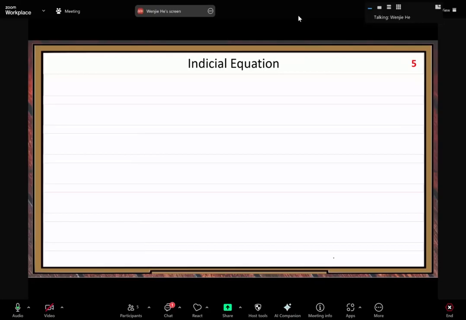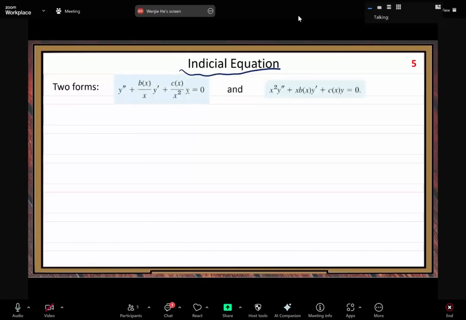So for that reason, we use a different name: the indicial equation. There are two forms, where in this form we remove the denominators.